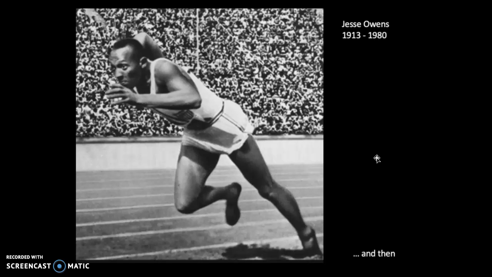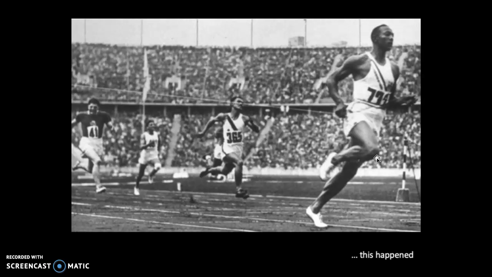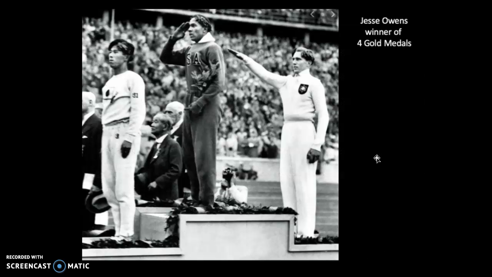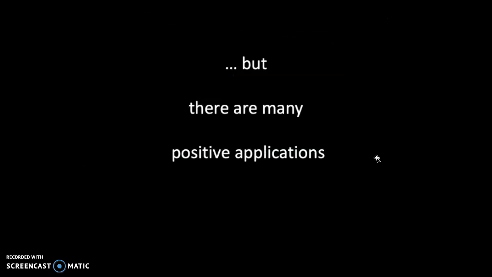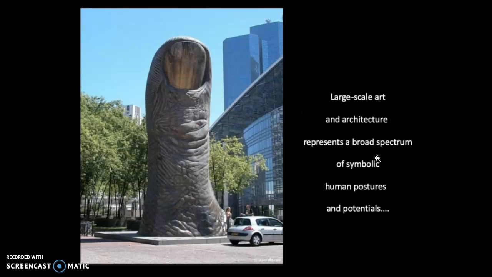And then this happened. And it was amazing. And this man won 4 Olympic gold medals and kind of screwed up the whole racial supremacy thing. But anyways, the fact that he was there in that whole setting is kind of fascinating to me. Anyways, I only say that because it's true, and scale is used for these reasons, but there are many positive applications for scale.